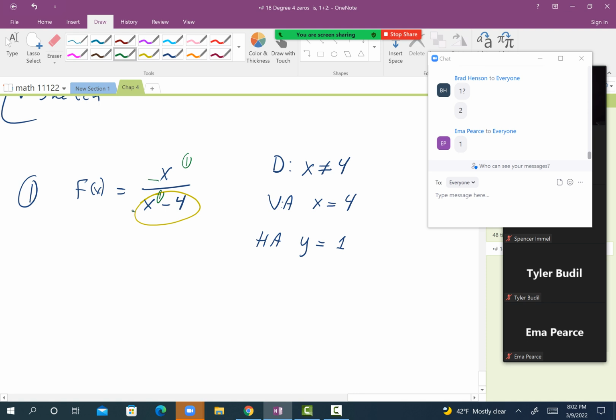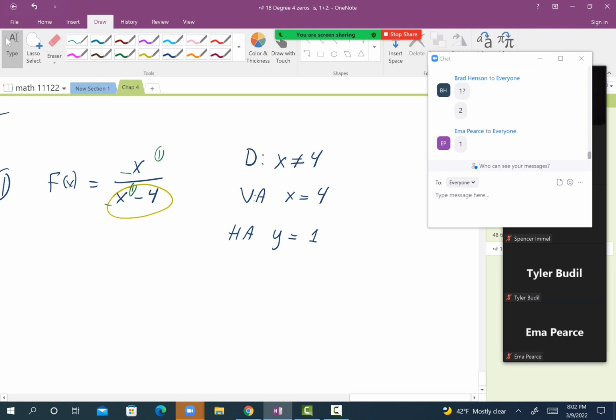We don't have any numbers out in front here, so we're good to go. 1,000,000 over 1,000,000, it's just going to be 1. That's our horizontal asymptote. We have no oblique because it's horizontal. For zeros, I'm going to look at the top. I don't care about the bottom. I'm going to see what would make that 0. Well, what's going to make that 0 is when x is 0.